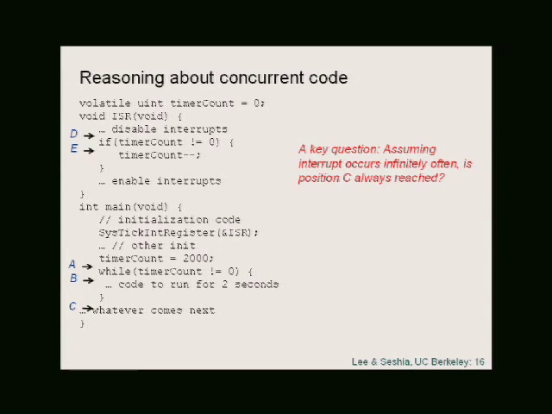Yes. In this particular architecture, when an interrupt happens, does it immediately handle it, or does it wait for your instruction to finish and then handle the interrupt? So the question is, when an interrupt occurs, does it wait for the current instruction to finish execution and then service the interrupt, or does the current instruction get quashed, basically? I don't really know. You have to go to the ARM manual.